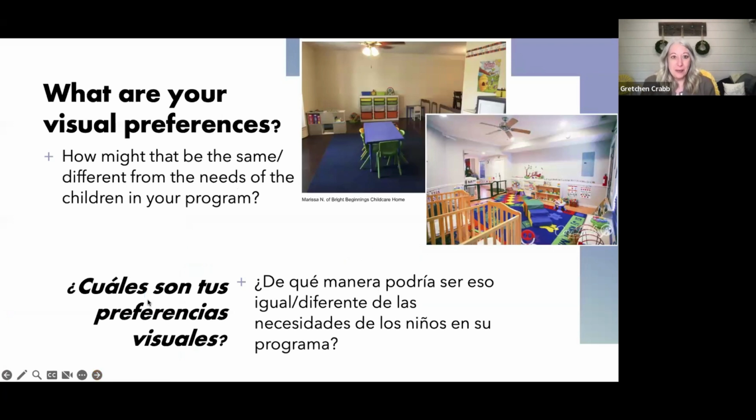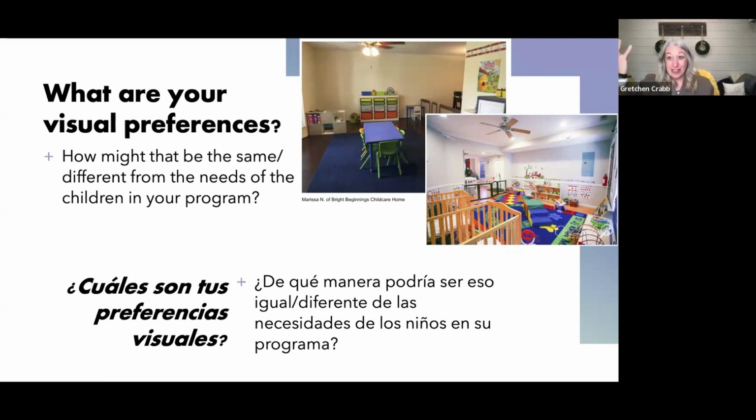So reflecting a little bit on what your visual preferences are. I'm showing in this slide an example of an environment that's pretty basic, and another example of an environment that has lots of different colors, lots of different patterns, lots of different visual stimulation happening within that environment. All of us in this room might look at one of these and say, oh, I feel drawn to this.